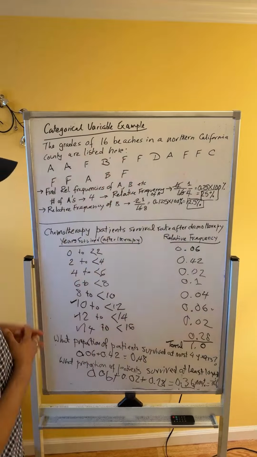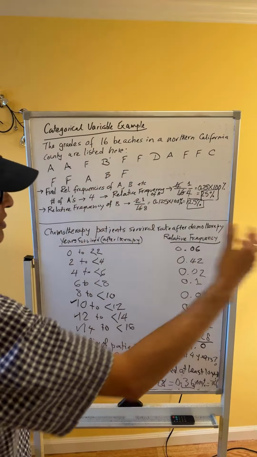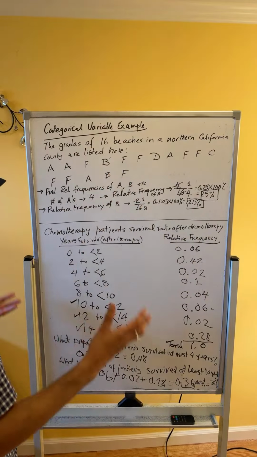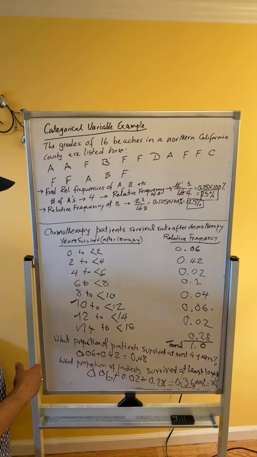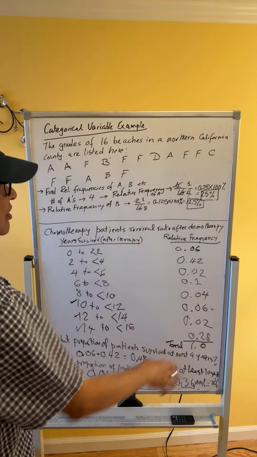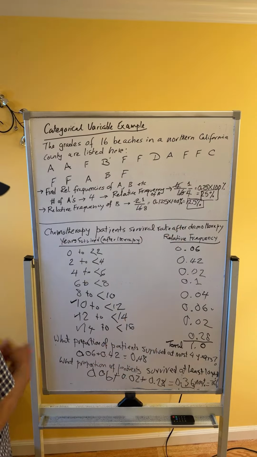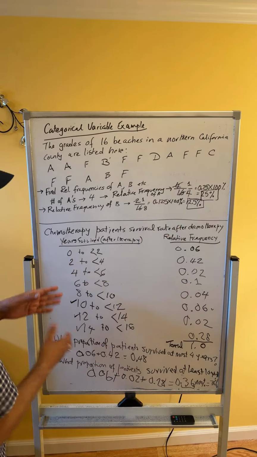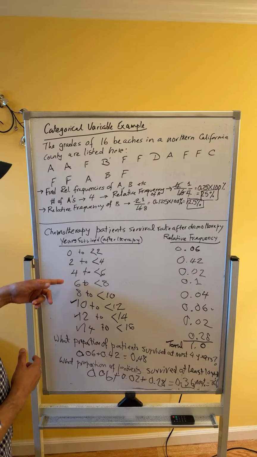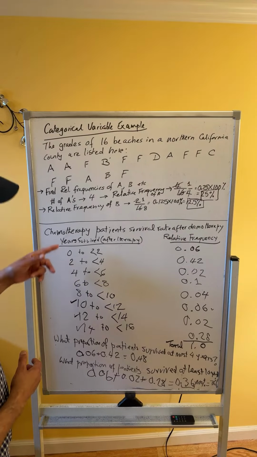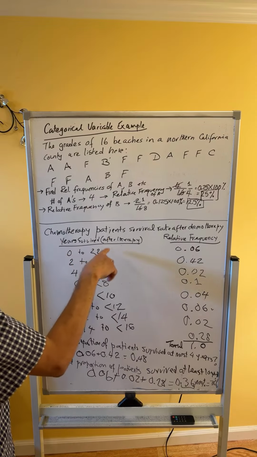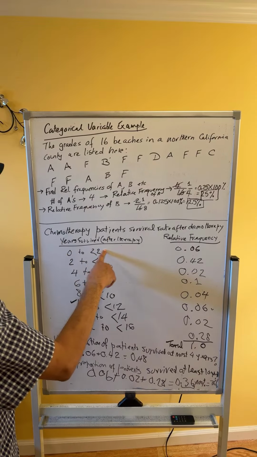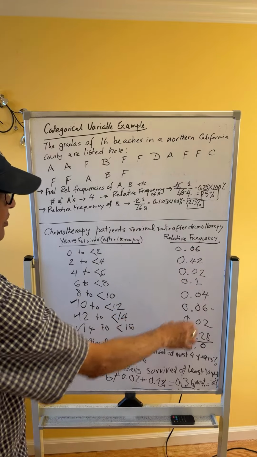This is categorical data, which is graded into categories, hence categorical data. Here it's number of years of survival after chemotherapy and relative frequency of the different classes. These categories are called classes here because these are numerical numbers. The lower number is the lower class boundary, the upper number is the upper class boundary. And these are the relative frequency in each class.